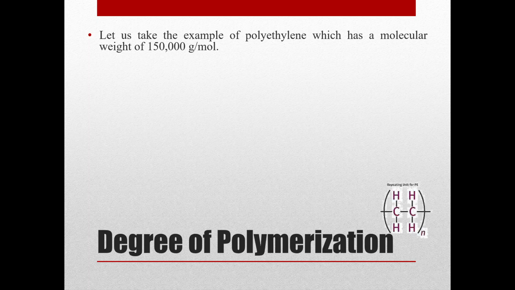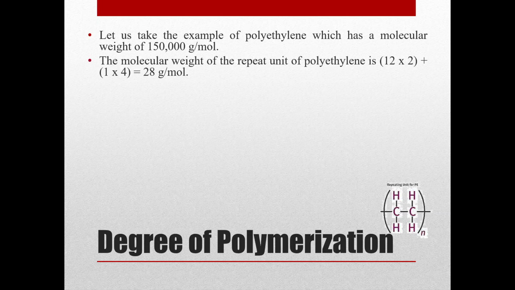On the screen now we can see the formula for polyethylene, where the repeat unit has 2 carbon atoms and 4 hydrogen atoms, which are repeated a number of times, shown as N. So the molecular weight of the repeat unit of polyethylene is 12, the atomic weight of carbon, multiplied by 2, since there are 2 carbon atoms, plus 1, the atomic weight of hydrogen, multiplied by 4. So we get the molecular weight of this repeat unit as 28 grams per mole.